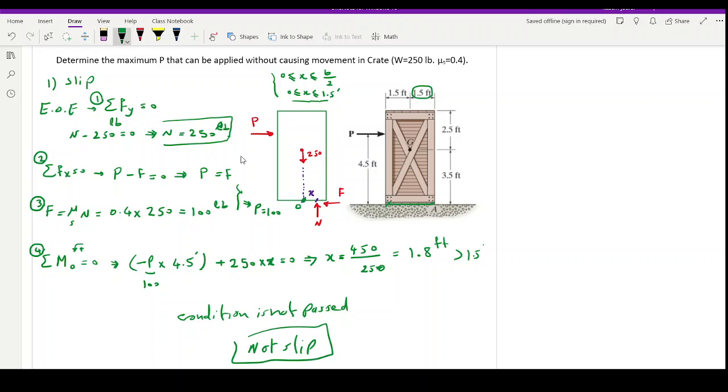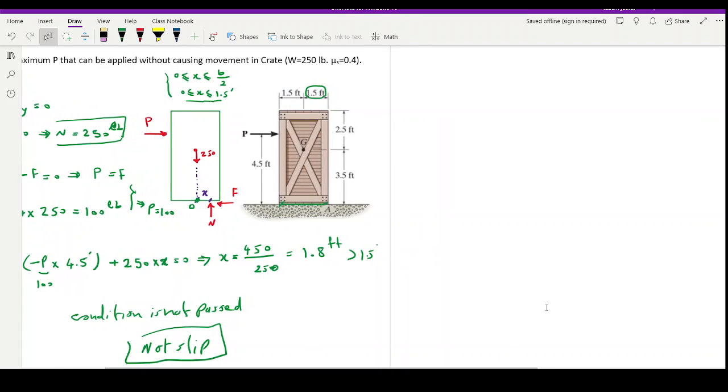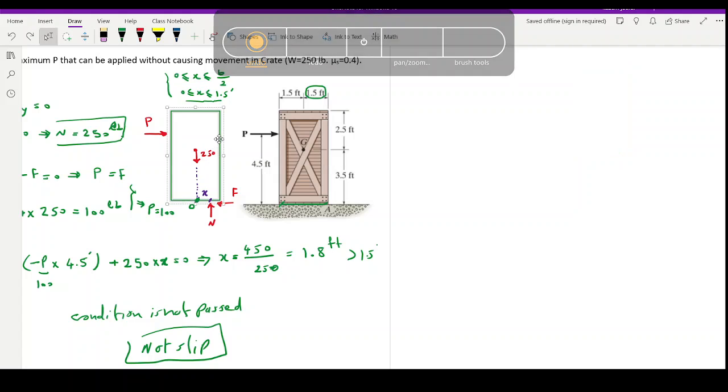Now that we know slipping is not occurring, we need to check whether tipping over will occur or not. In order to find tipping over, again, your book says that you need to draw a new free body diagram.